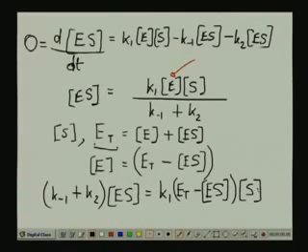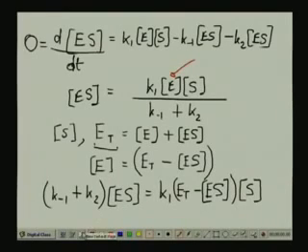So what can I now do? I have another expression for ES here which I can take over onto the left hand side, right? If I take this ES part over onto the left hand side, what will I land up with on the right hand side? A K1 ET S. And what will I have on the left hand side?